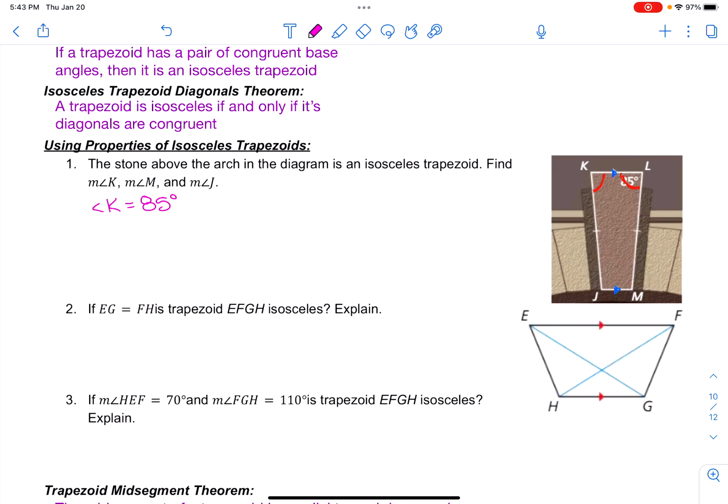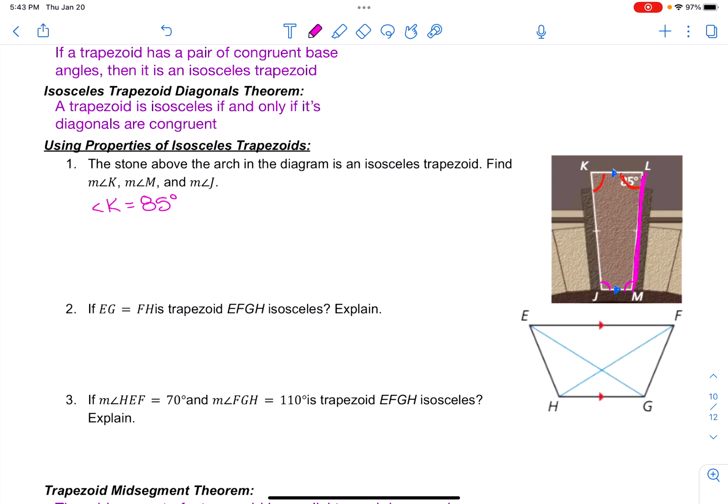Well, again, we know that M and J have to be the same measure. So to find them, we just need to find the measure of one of those angles. Remember that two consecutive angles on the opposite sides, so not our parallel sides, but this L to M, that leg, those two angles have to add to be 180.